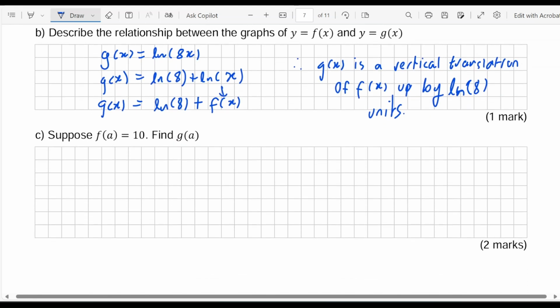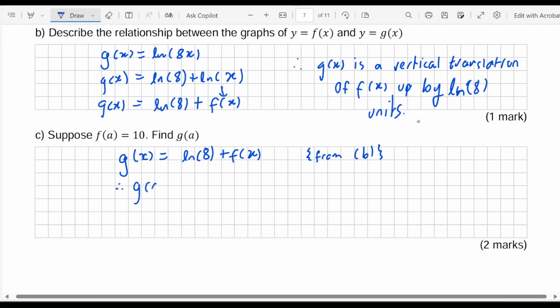Suppose f of a equals 10, find g of a. Well, we literally just learnt that g of x is log of 8 plus f of x, and this is from part b.